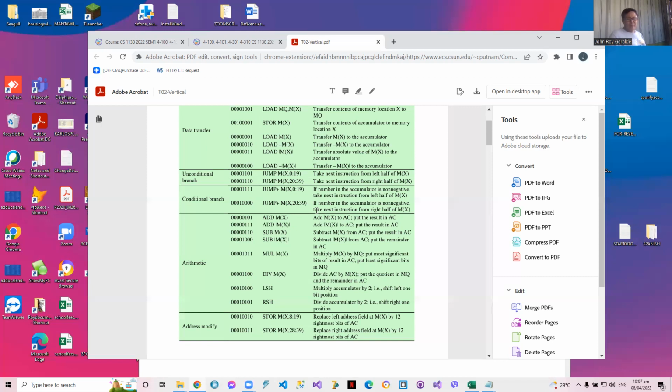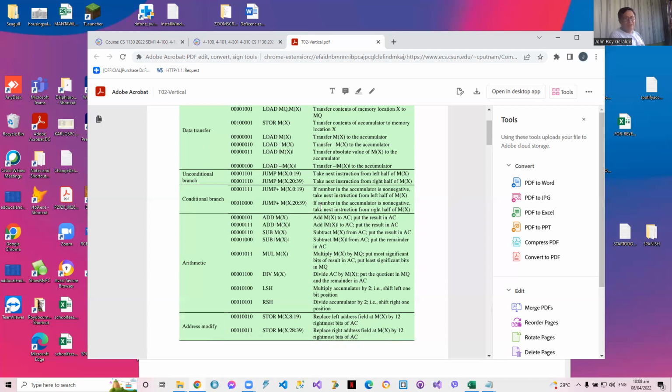Anyone? Why? Do you know why? That's because jump plus will jump if the value is non-negative. CB will jump if the value is negative. So they're converse.